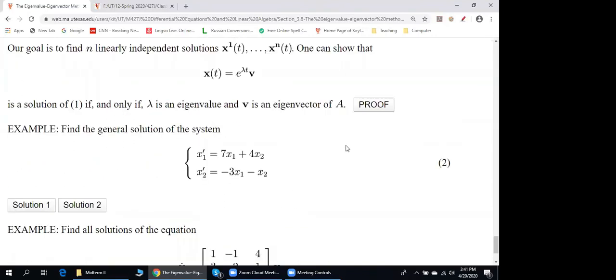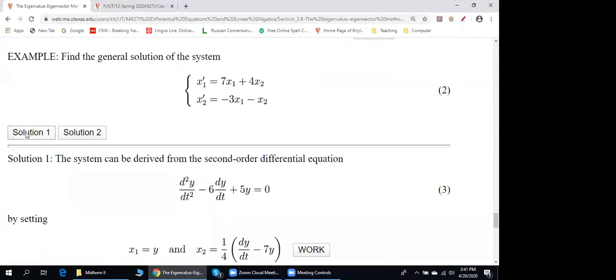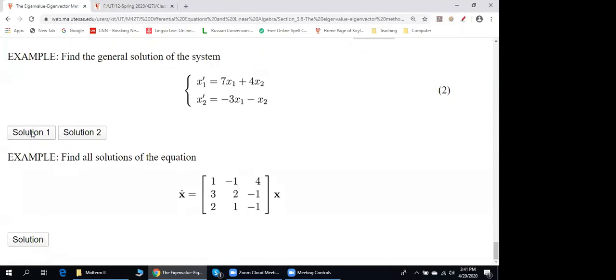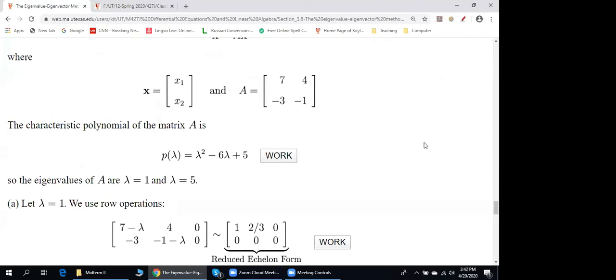Now, let us talk about applications. We already solved this system in section 3.1. That was solution number 1. But now, solution number 2, eigenvectors and eigenvalues. So, step 1, identify A. Looking at this system, one can easily conclude that A is 7, 4, -3, -1.